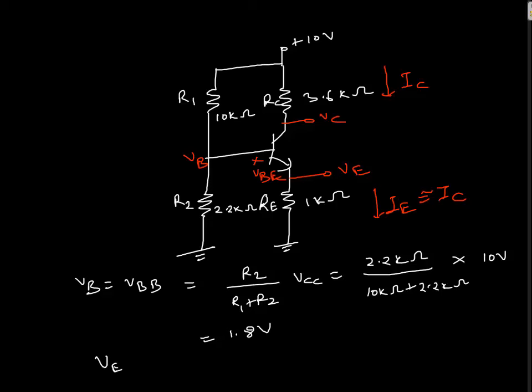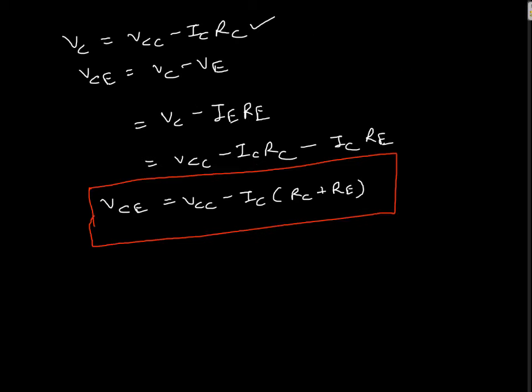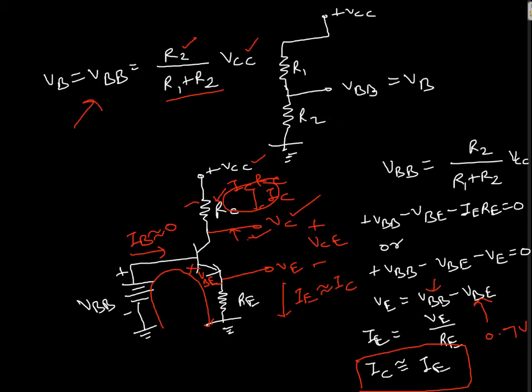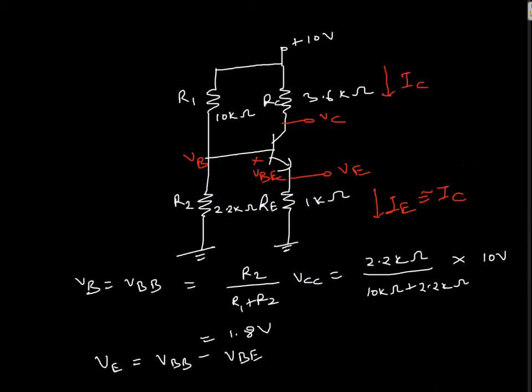We just saw that VE was VBB minus VBE. All this analysis we are using to solve this problem. So VBB is 1.8 volt and VBE by default is 0.7 volt for silicon. So VE is 1.1 volt.